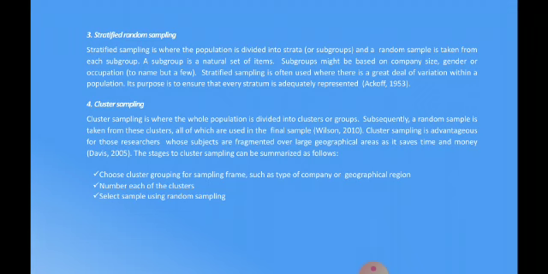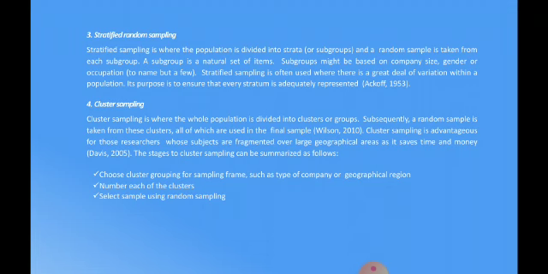Fourth method, cluster sampling. Cluster sampling is where the whole population is divided into clusters or groups. Subsequently, a random sample is taken from these clusters, all of which are used in the final sample.